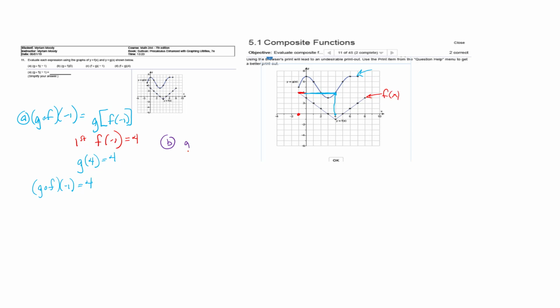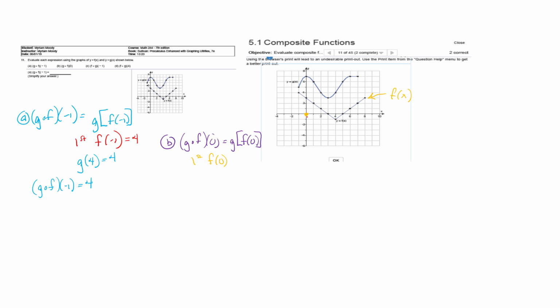B is asking me to find G composite F of 0. So, when I take a look at my notation, I am going to write G of F of 0. So first things first. First thing I need to find is F of 0. Well, again, that's your F function. And the X value is going to be 0.